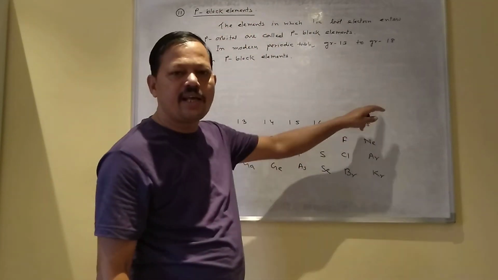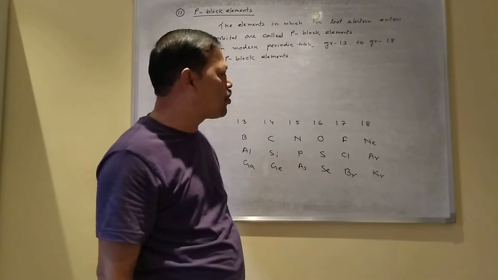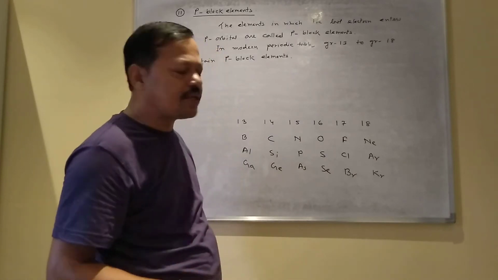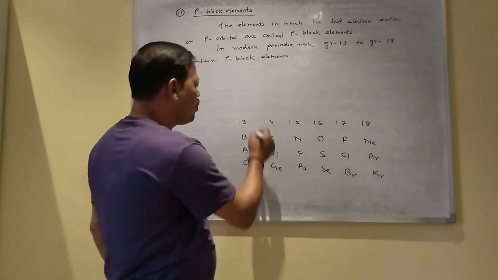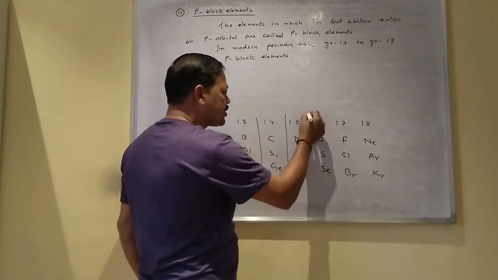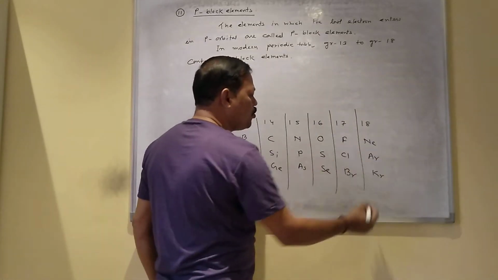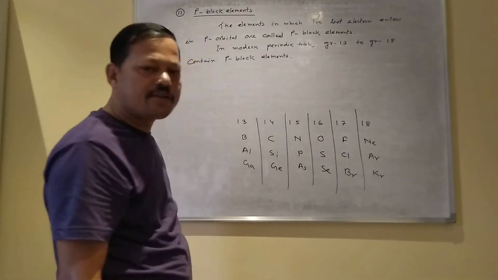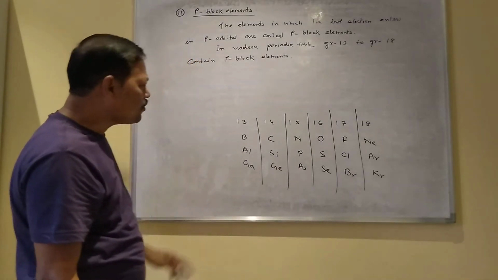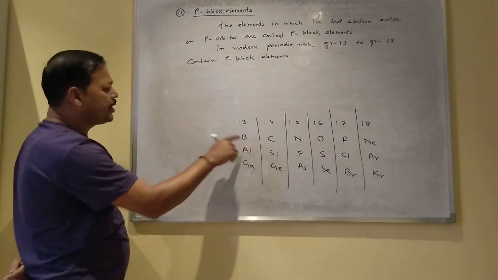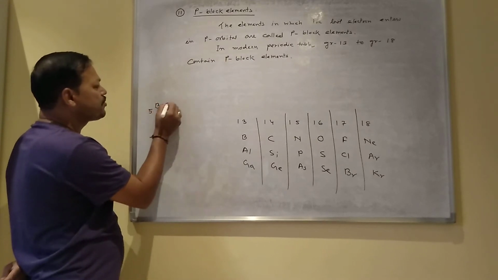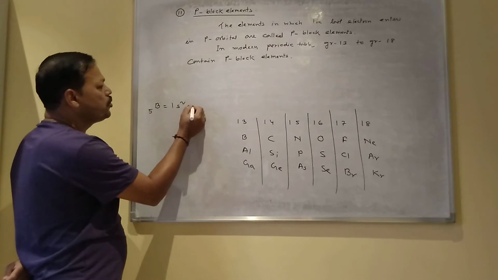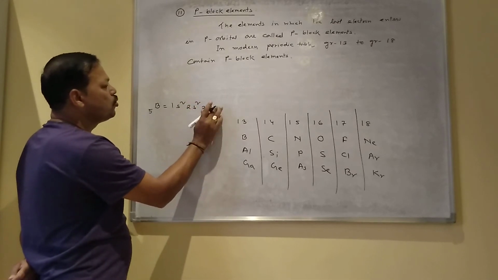Group 18 also contains helium, but helium belongs to the S block because its last electron enters the S orbital. Other than helium, all the noble gases are P block elements because their last electron enters the P orbital. If you want to write the electronic configuration of boron, atomic number 5: 1s2, 2s2, 2p1.